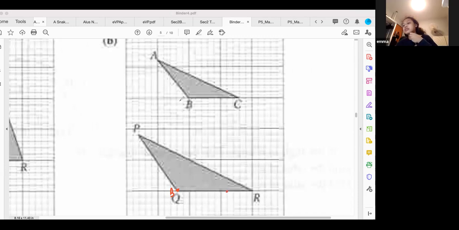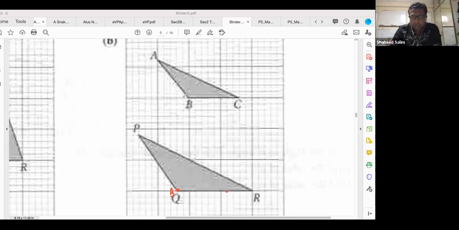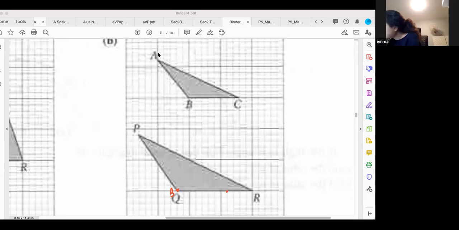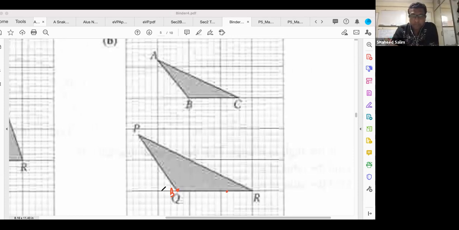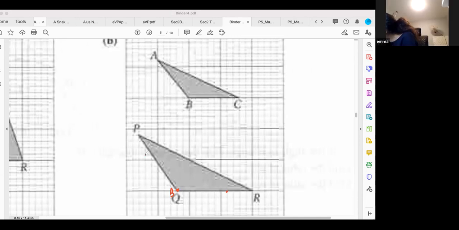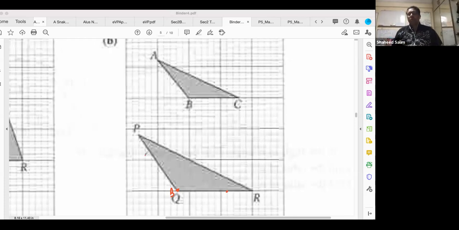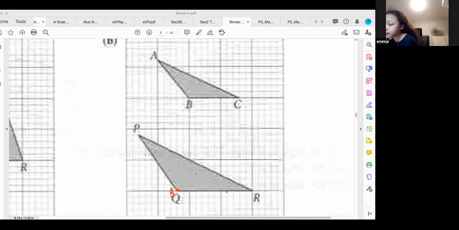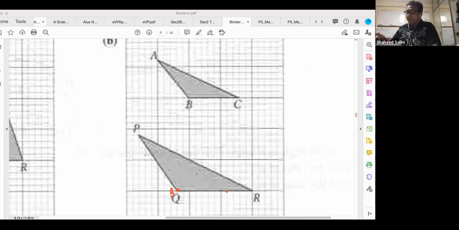And then down here you see it goes 5 squares and goes up how many squares? 6. Does it go 5 and 6? You draw this triangle here. Then you'll be able to see, is it really similar or not?